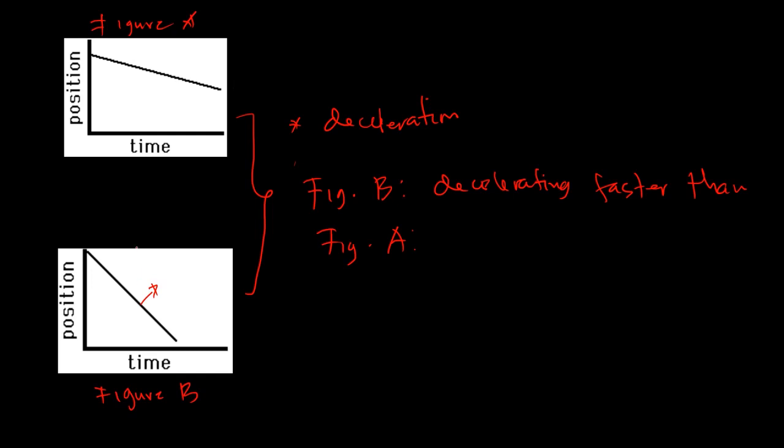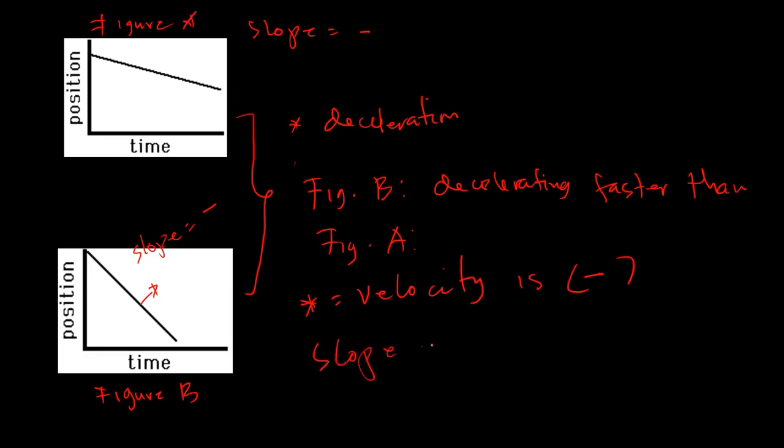Meaning to say, when you see this one, the slope here is negative. Slope is negative. Meaning to say, the velocity here is negative, because slope is equal to velocity in terms of the position versus time graph.